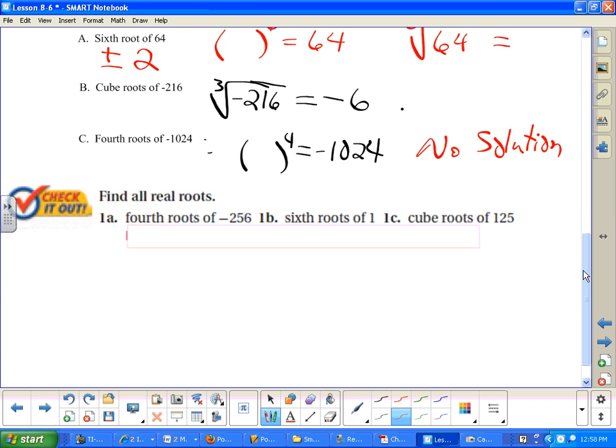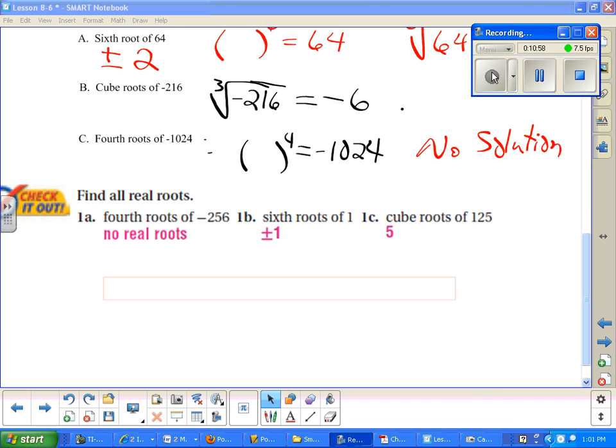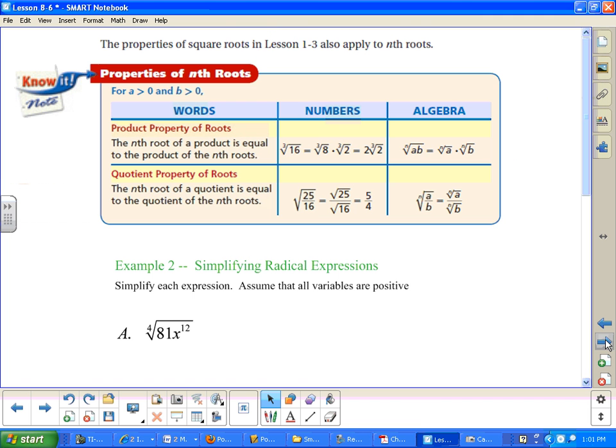So do letter C. Now you remember, the fourth one in our warm-up was the square root of 75. And we did a lot of simplifying of radicals like that one.